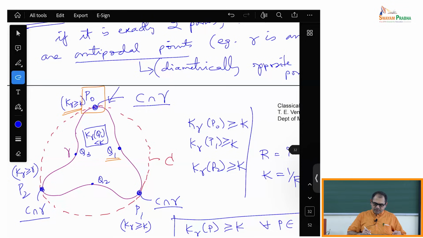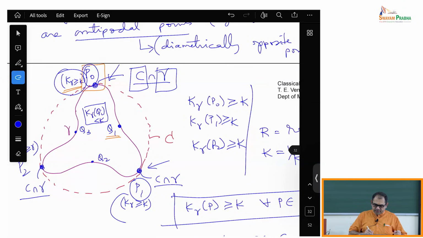Then we made this statement: if you take 2 points where the smallest circle that contains gamma, which is C, intersects gamma, such as P0 and P1, then of course at P0 and P1 the signed curvature of gamma is greater than or equal to the curvature of the enclosing circle.